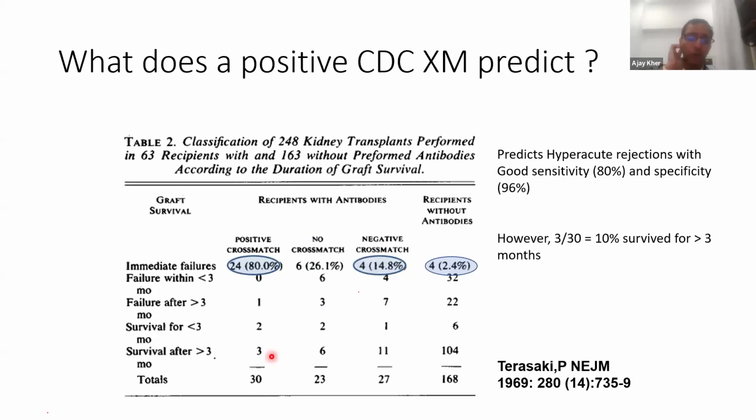So just because you have a crossmatch positivity and someone reports, hey, I had a positive crossmatch, I desensitized them or I didn't desensitize them, I did the transplant and one of them survived and did well, doesn't mean that that's something new. That was reported even long ago in 1969. But that doesn't mean that we should be doing this routinely because you know that 80% of them are going to fail.